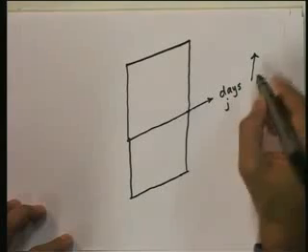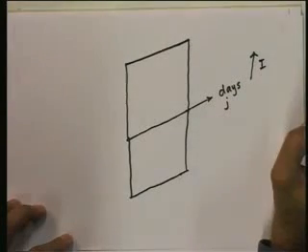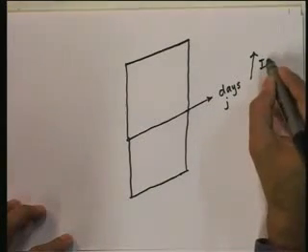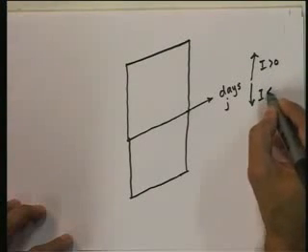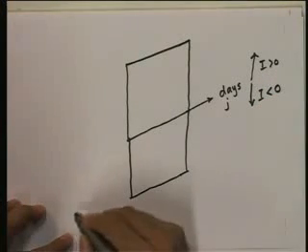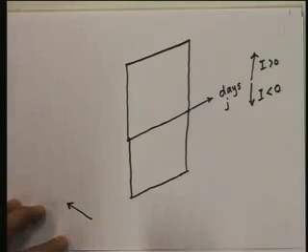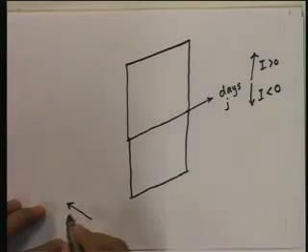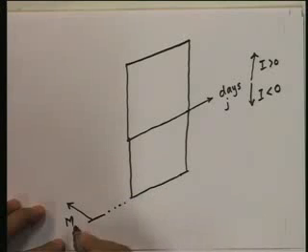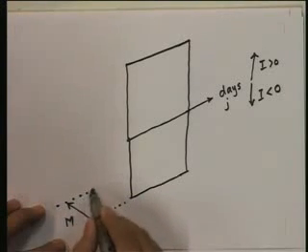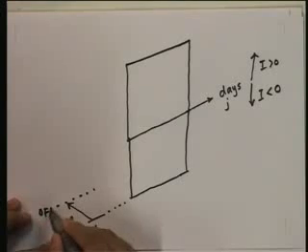On this axis, I am going to have inventory. So this is inventory greater than 0, and on this side I have i less than 0. And on this axis, into the page, if you will, I will have m. So this corresponds to on, and this corresponds to off.